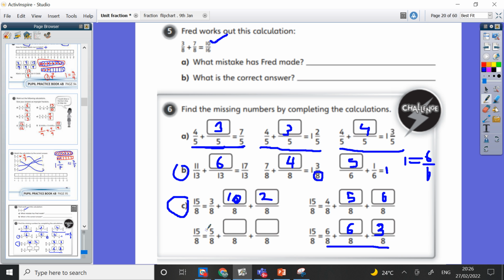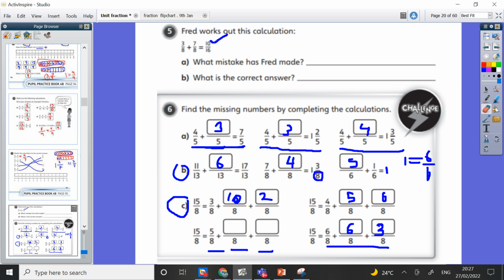Now in the last question, let's say it's 15 over 8. They are just changing these numbers with three different numbers. By adding these three different fractions, our answer should be 15. So I can make 5 here, 5 and 5, altogether 15.